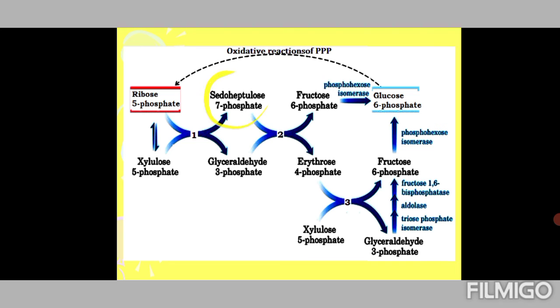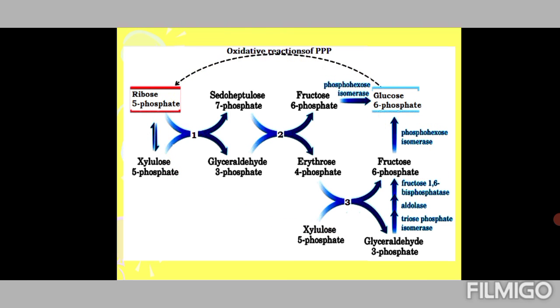As you can see here, the 7-carbon sedoheptulose has the last carbon, the 7th carbon, attached with the phosphate group. Take another case like fructose 6-phosphate, the 6th carbon, the last carbon. Here again xylulose 5-phosphate, the last carbon, the 5th carbon, and even glyceraldehyde 3-phosphate, also the last carbon, the 3rd carbon. So this is another way.